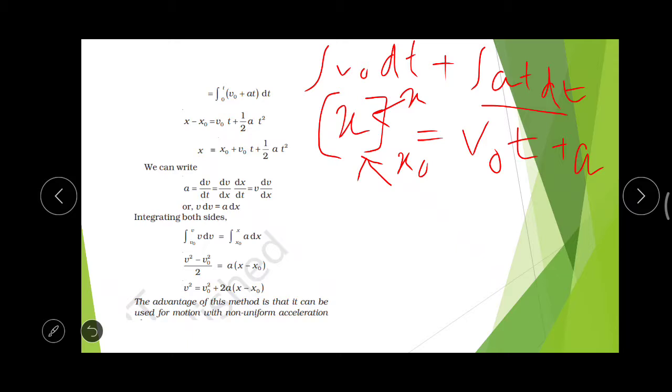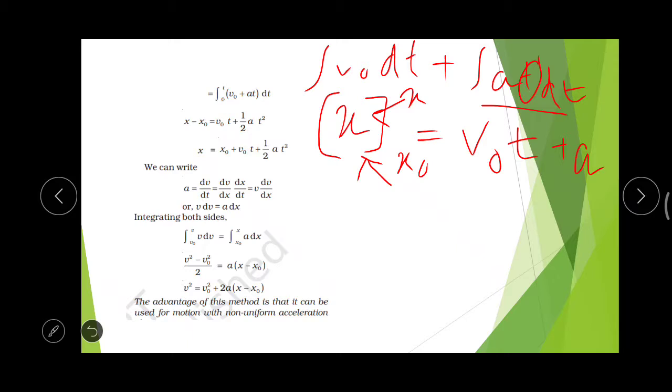But t dt, if you are having t as the term, you have to take the integration of t. So integral t dt will be equal to, remember this one, t square divided by 2. Integration of one component with the d of that component, integral t dt will be equal to t square divided by 2.